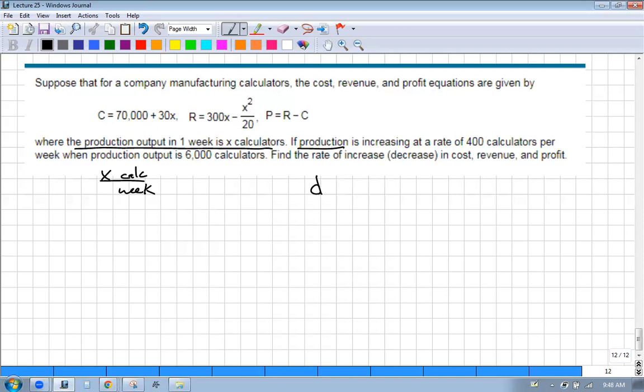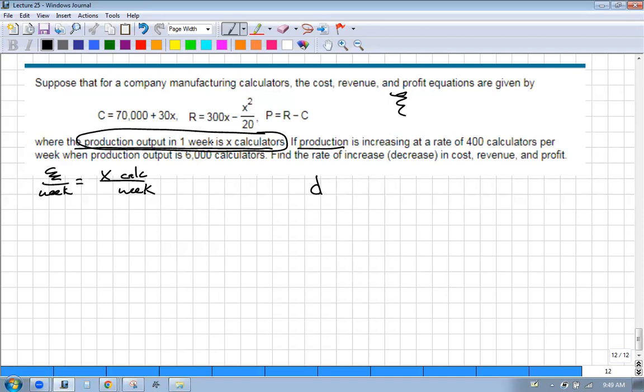Production. Well, I'm going to use squiggle for production here. So the production output in 1 week is X calculators. So production per week is X. This is where they're defining production. Production is X. So there we go.